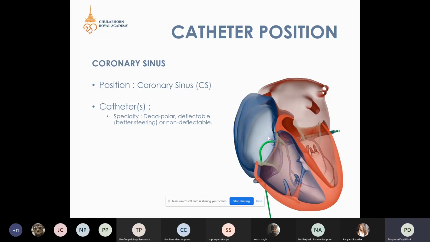This is the benefit of the CS catheter, apart from using it to record the electrogram from the left side of the heart and for pacing, it can also be used to identify the accessory pathway from the left side of the heart.